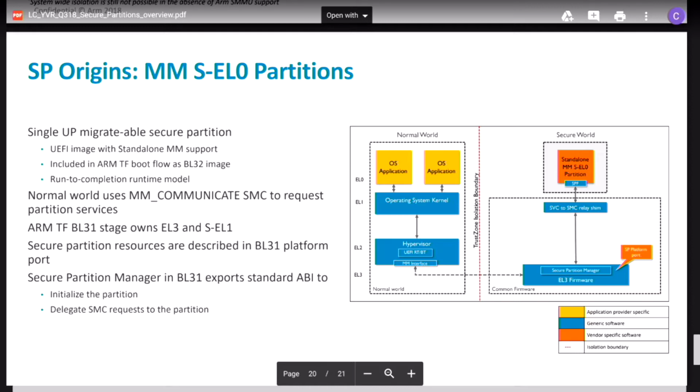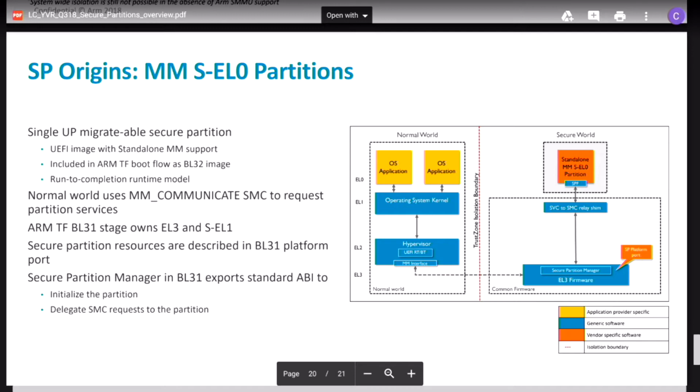What we did was take this UEFI image, which had the standalone management mode drivers, and place it into a secure EL0 partition as a first step. On a system that uses UEFI, you'll have two images: a normal world UEFI image, and a secure world UEFI image in the secure partition. We wrote a spec for the communication interface. It has one SMC that can be used to request services from this partition.